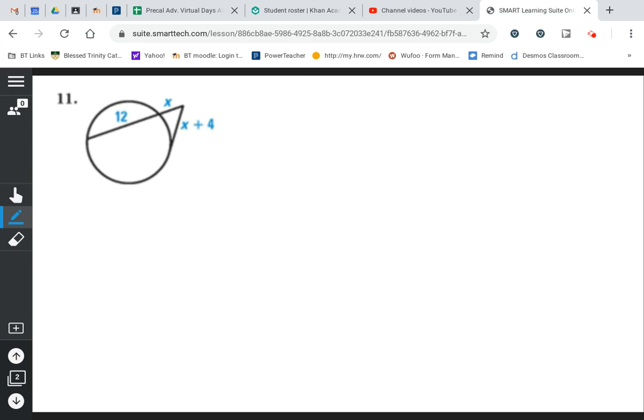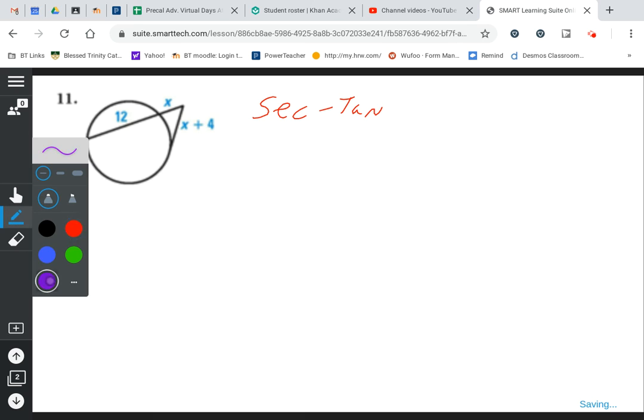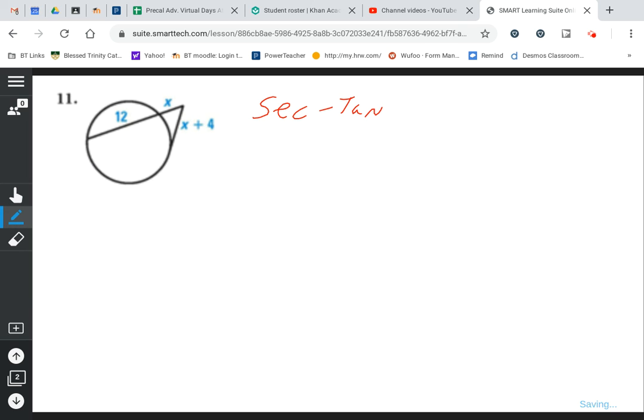The next question we got was 11. And this one is a secant times a tangent. So if we remember, when we're dealing with secants, again, it's the external part times the whole thing. And when we deal with tangents, it's always tangent squared.